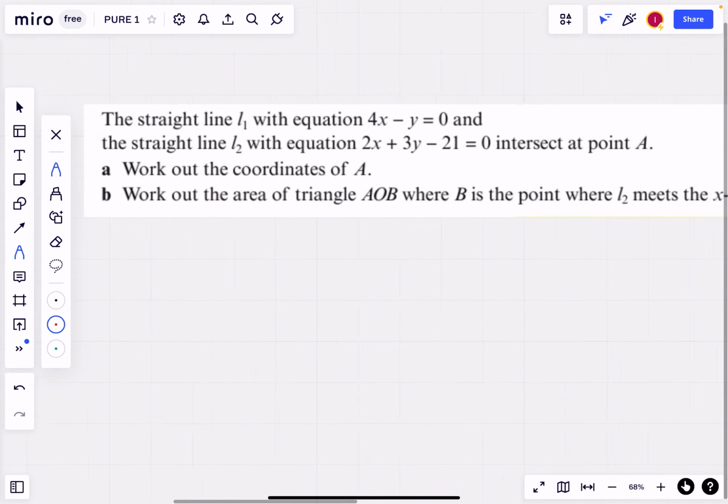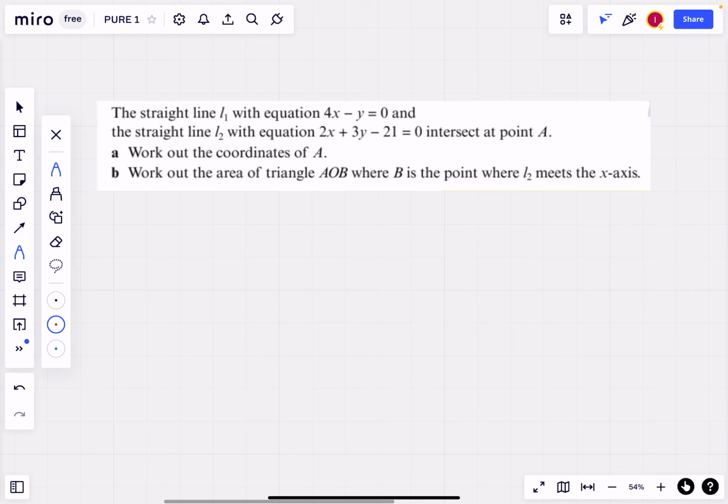So let's use that to work out this question. The straight line L1 with equation 4x minus y equals 0 and the straight line L2 with the equation 2x plus 3y minus 21 equals 0 intersect at point A. Work out the coordinates of A. So the equation of L1 we can rearrange into y equals 4x.